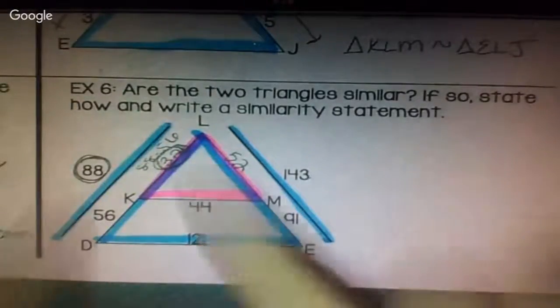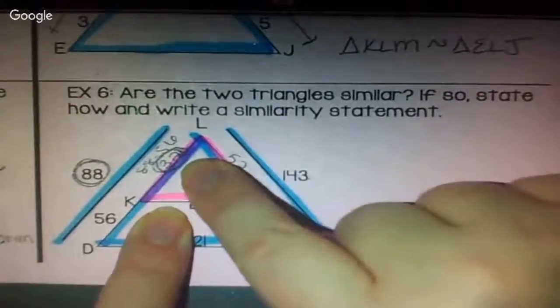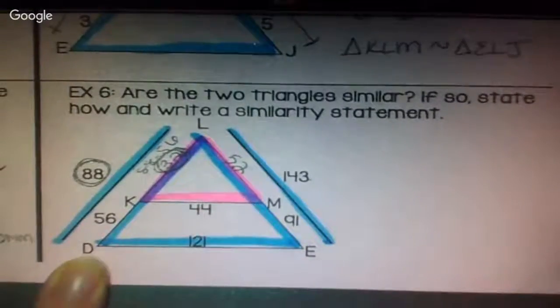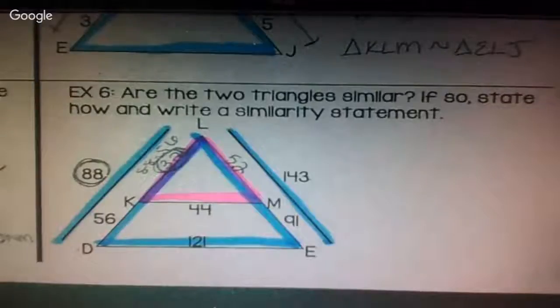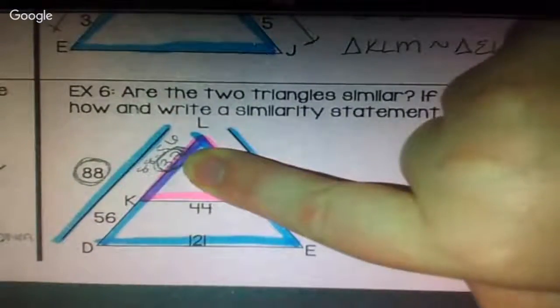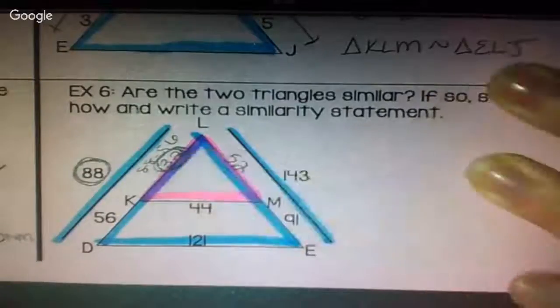So my small number out of these three is 32. My small number out of these three is 88. But your big triangle is both of these pieces together. Does that make sense?